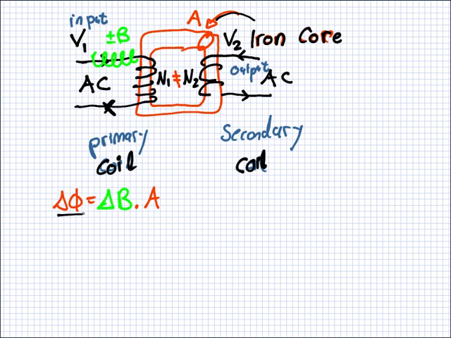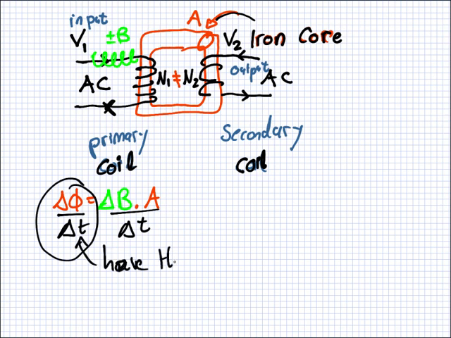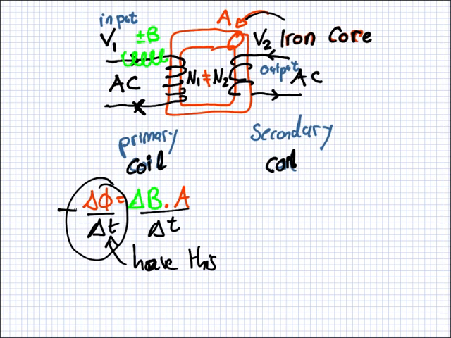And you can divide by delta t. So in other words, what I'm trying to say is, because you have this, then remember we said this is equal to EMF, a voltage. Now, there's one thing I forgot actually here. Because this is wrapped N1 times, I need to have an N1 here. So there's an N1 here. And this here is going to be E2, or V2 rather.